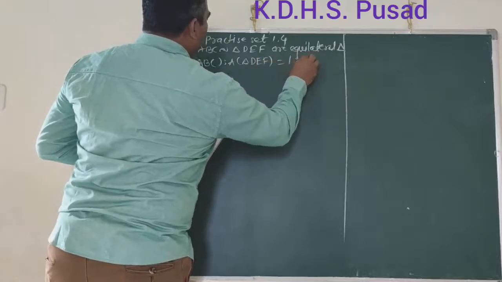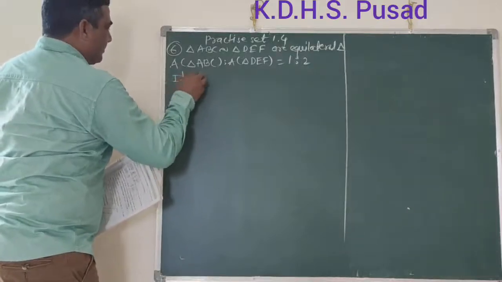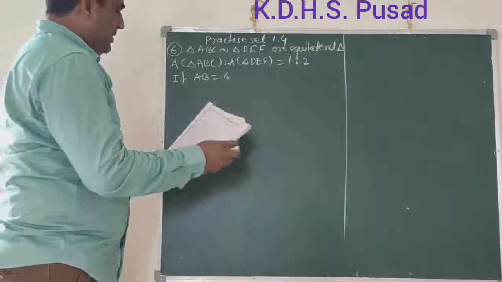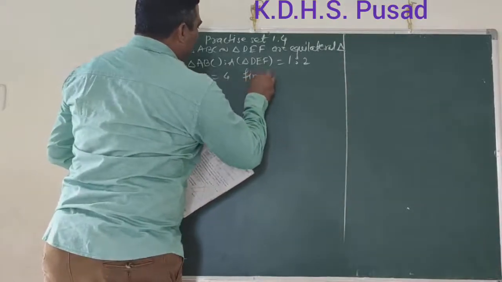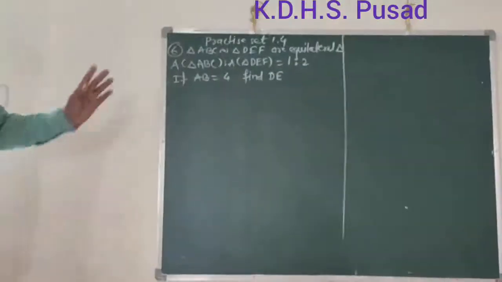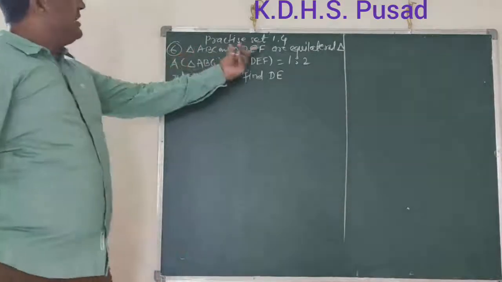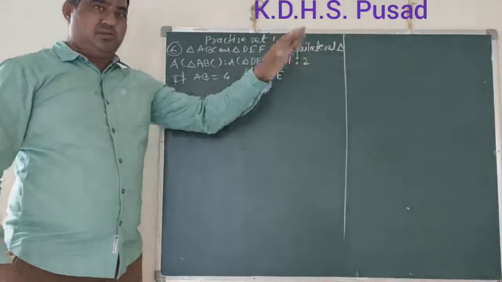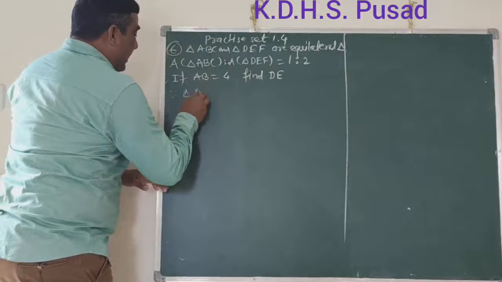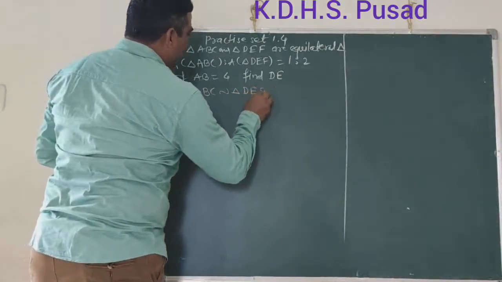Then you are given that the ratio of their areas is 1:2. And then you are given that AB equal to 4. Find DE. That is the question. Now read the question carefully. Triangle ABC and triangle DEF are both equilateral triangles. Maybe their sizes are different, but both are equilateral, therefore triangle ABC similar to triangle DEF.